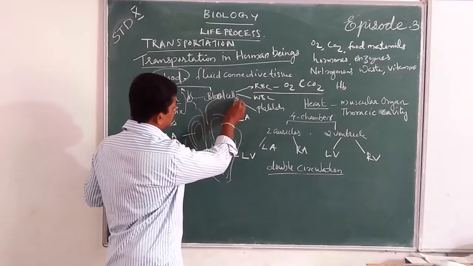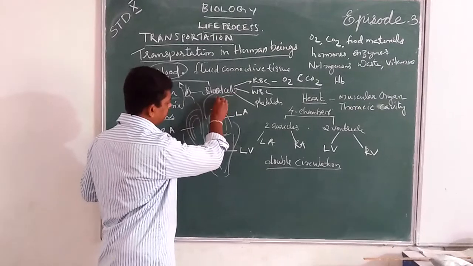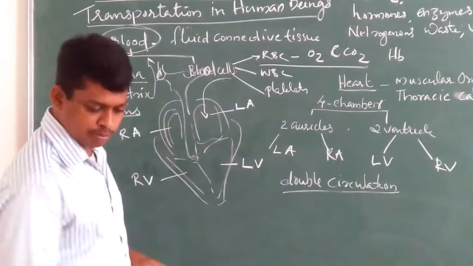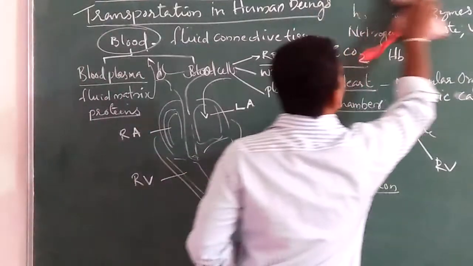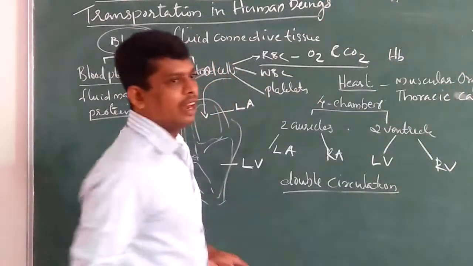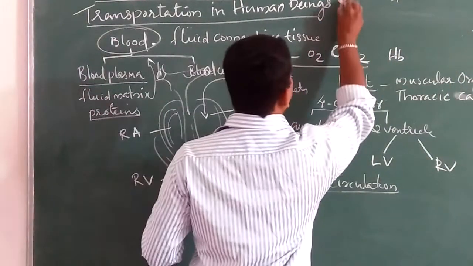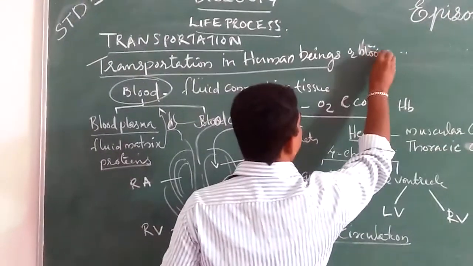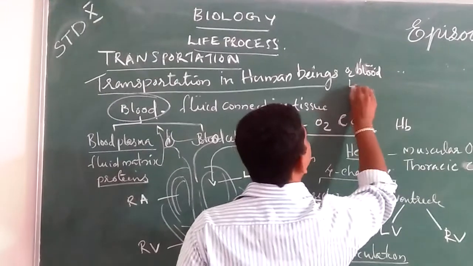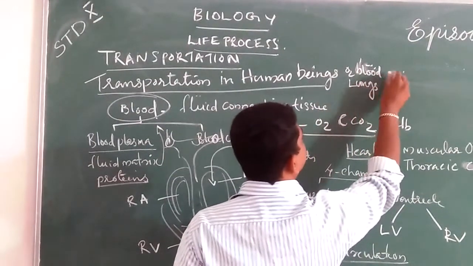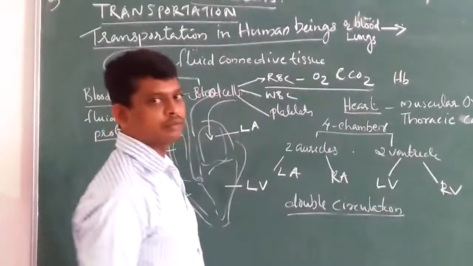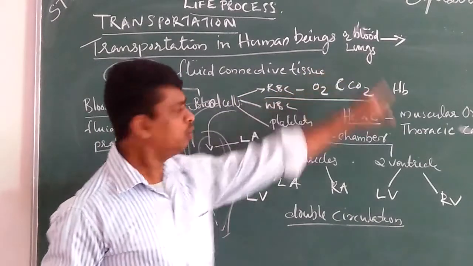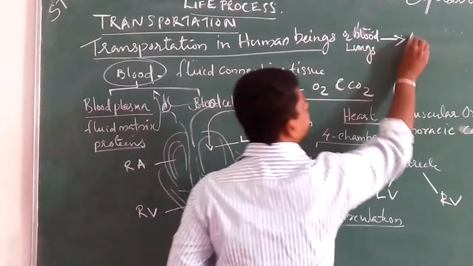That oxygenated blood comes from the lungs to the left atrium.